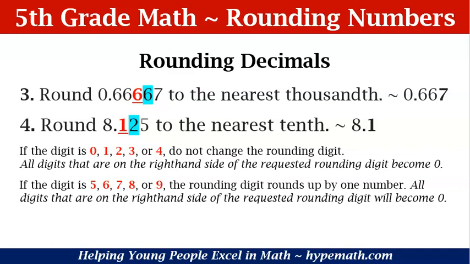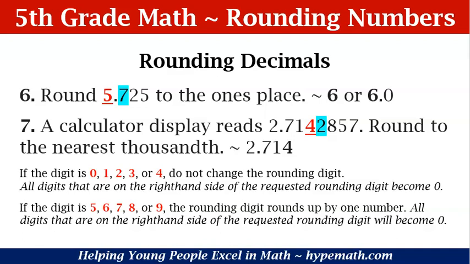Because the 2 is highlighted and is less than 5, the 1 stays the same, and all the numbers after our rounding digit become 0 or they drop off. So our answer is 8.1. Let's move to question number 5.